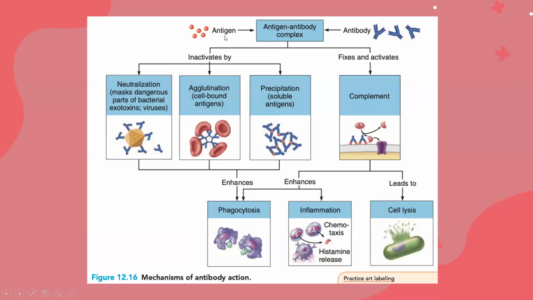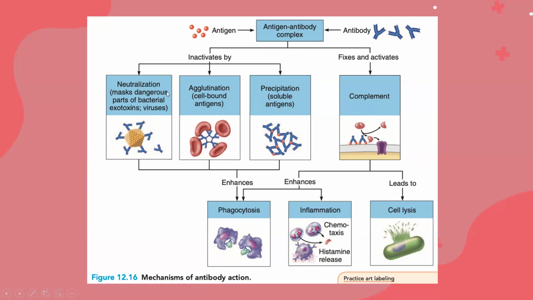So antibody plus antigen, they become antigen antibody complex. They can inactivate the antigen by one, neutralization. Neutralization is basically blocking bacterial toxins and preventing the attachment of some viruses to body cells. Okay, that's what neutralization is.